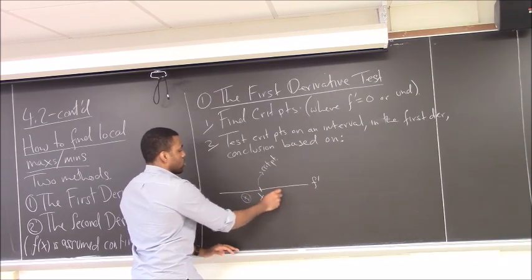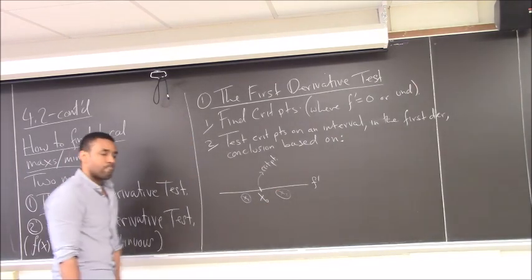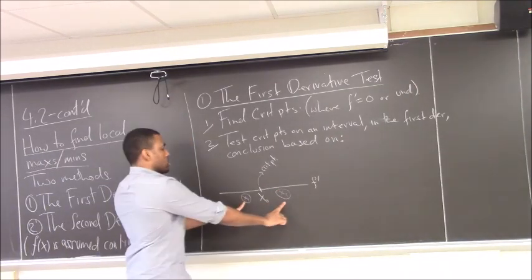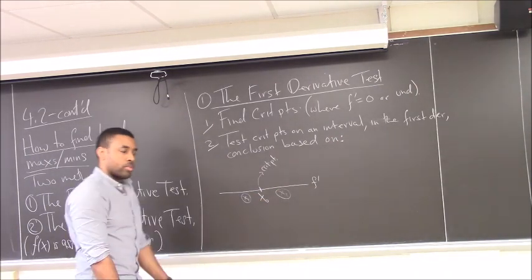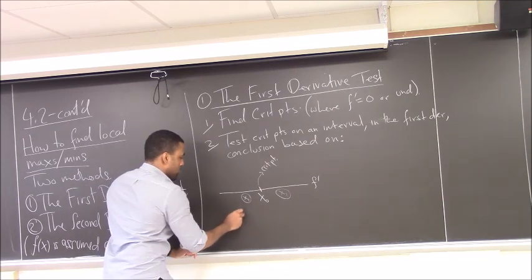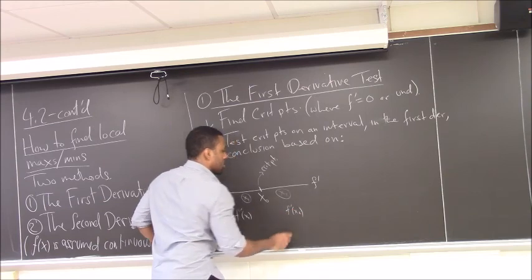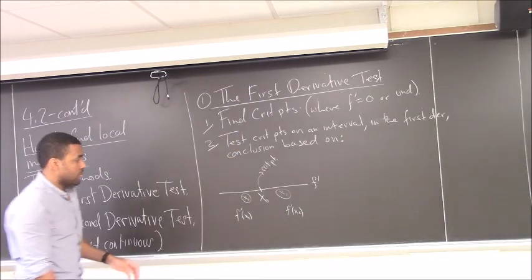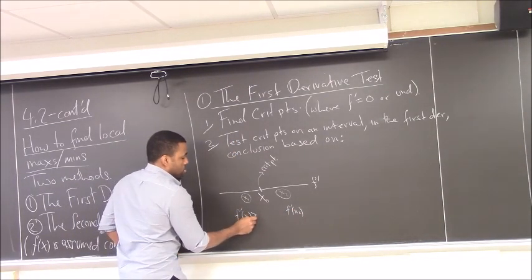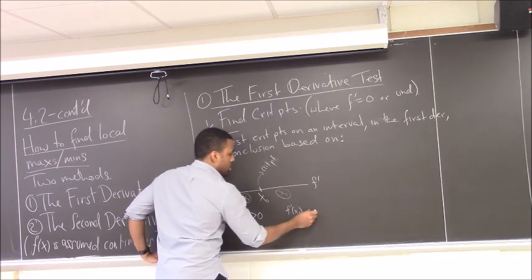Say you take an x1 and an x2. And you're going to plug those numbers into the first derivative. So we're going to find f prime of x1 and f prime of x2. And here's one possibility. Let's say we are positive here and negative there.